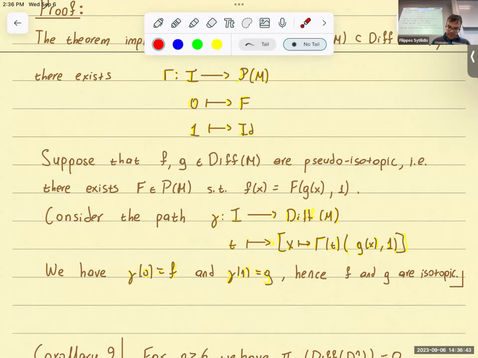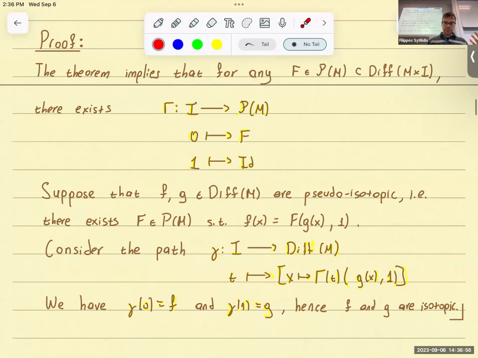So I constructed a path in the diffeomorphism group that starts from f and ends in g. So I proved, using Cerf's theorem that the pseudo-isotopy group is connected, that pseudo-isotopy actually implies isotopy.